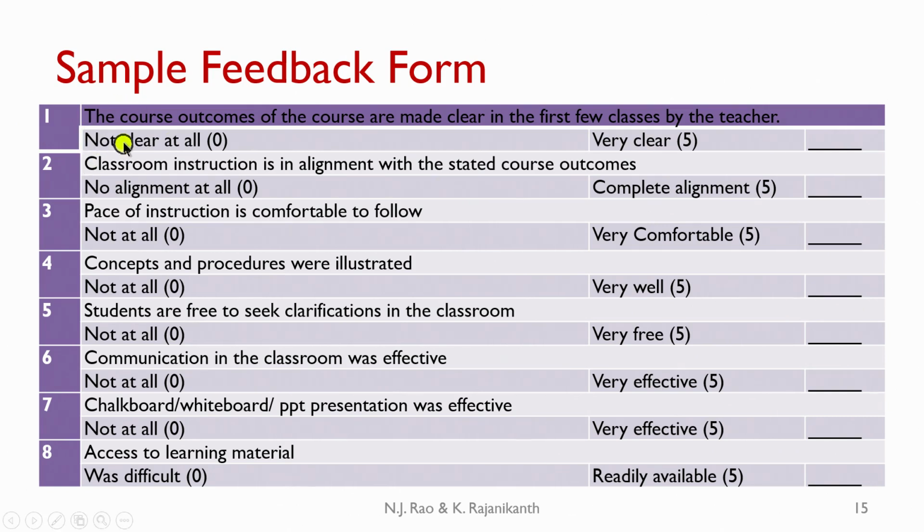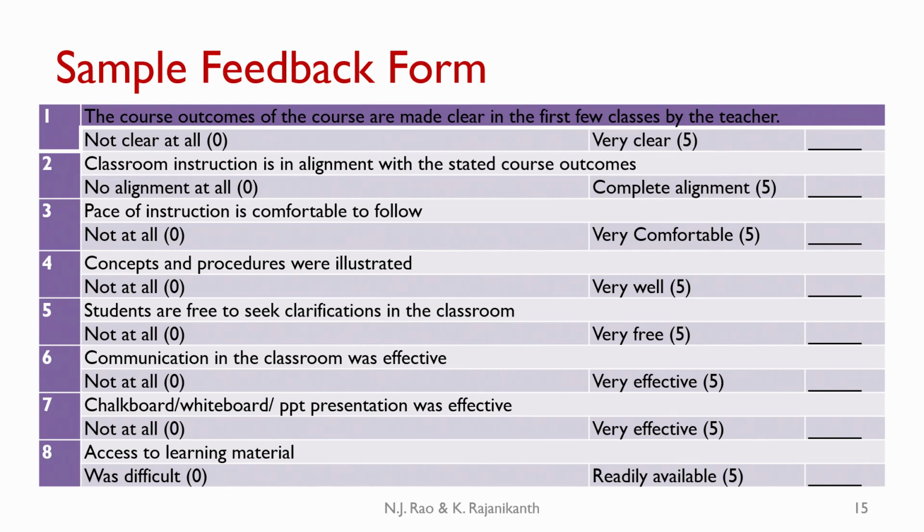Let us look at the first one. For example, the course outcomes of the course are made clear in the first few classes by the teacher. That means course outcomes are made very clear.